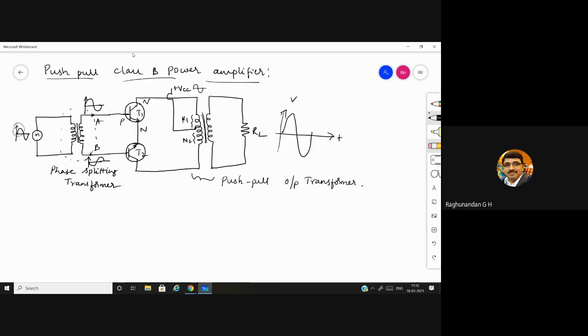So it is going to push it to the higher level, that is the positive level, and pull it to the lower level, that is the negative. So that's why it is known as push-pull power amplifier. One end is pushed to the positive phase, the other is pulled to the negative phase.